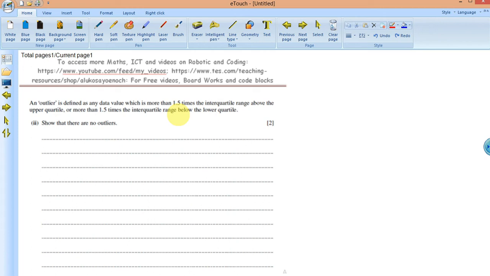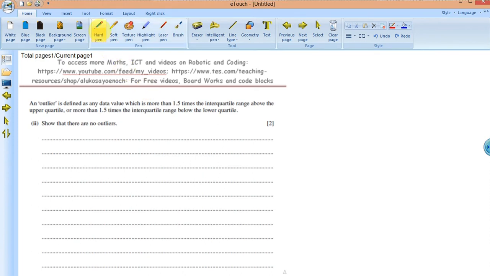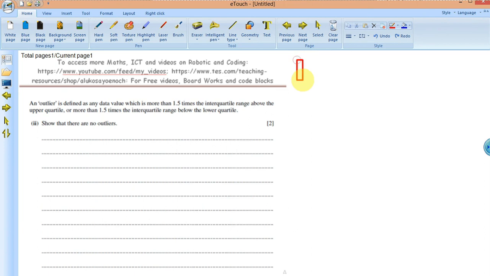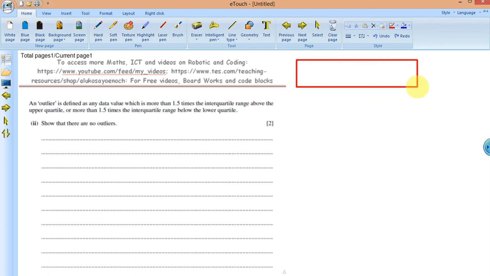Okay guys, if you can recall from our last solution, that's question 2, we have the minimum and maximum.